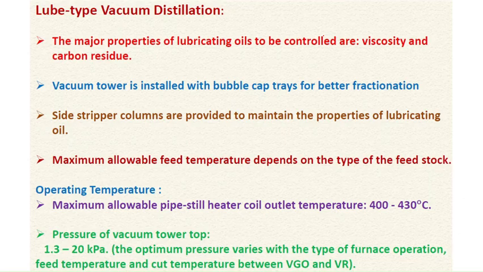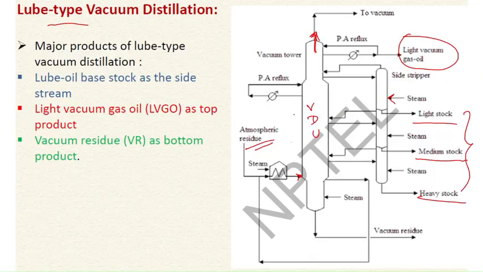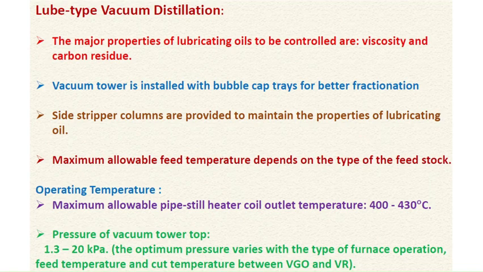Okay, so in the case of fuel type vacuum distillation, as I told, the two properties required are the metal content and carbon residue. In the case of lube type, the two main properties required are the viscosity and carbon residue.